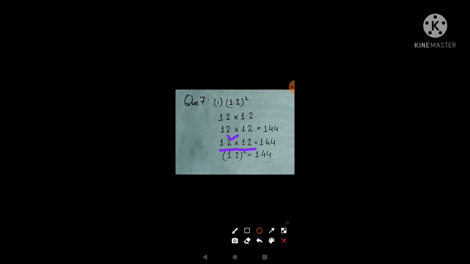So in the product we first write 144, and then we put the decimal before 2 places, so the answer will be 1.44. So we can write at the end 1.2 whole square will be equal to 1.44.